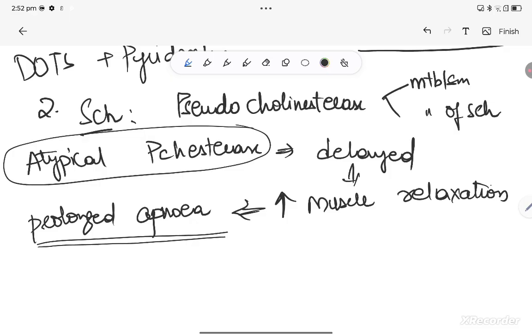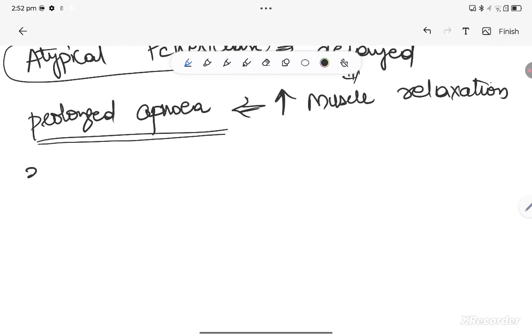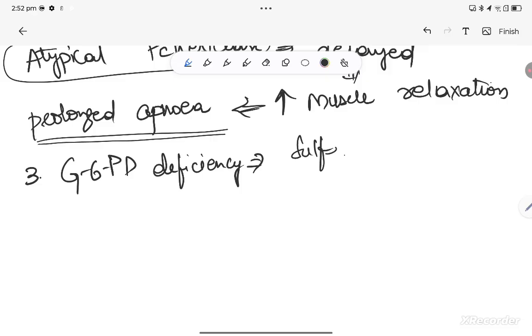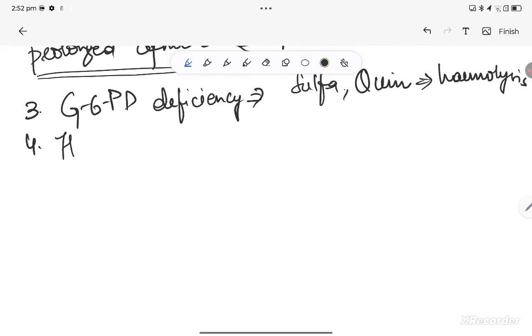Clear? Now, the third example is G6PD deficiency. This we have read right from our biochem. Glucose 6-phosphate dehydrogenase deficiency patients, if they are treated with sulfa group of drugs or quinine group of drugs like antimalarials, end up with dangerous hemolysis. Clear? Then comes our next example, halothane, which is basically an inhalational general anesthetic.